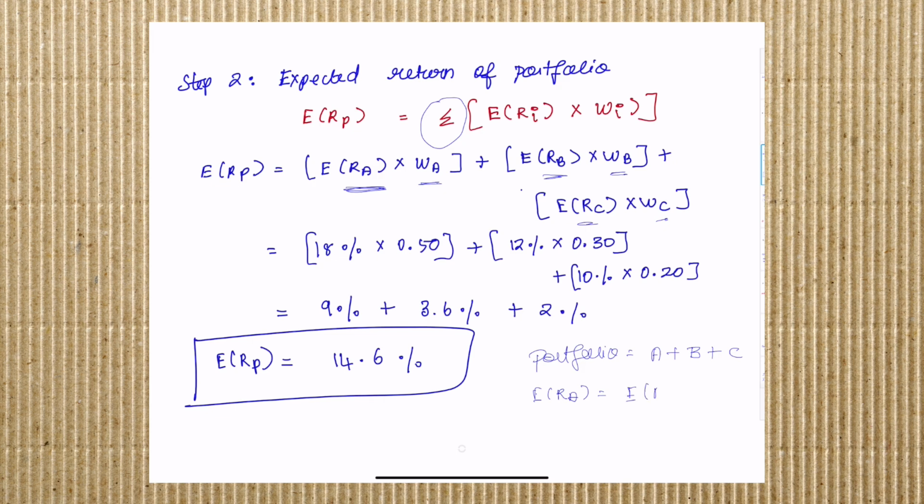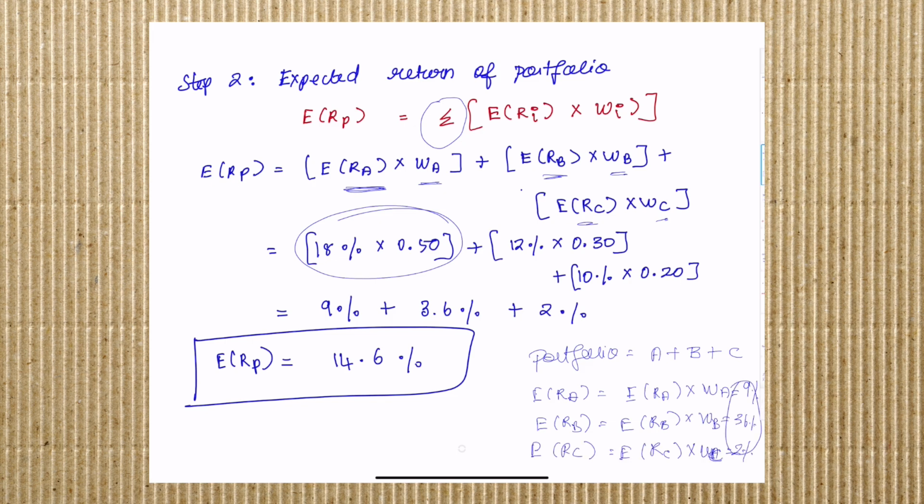We already know: expected return of stock A into the weight. I've already calculated it here, so I'm not going to do it again. It will come to be 9%. Similarly, you can do it for each individual stock by substituting the values, and if you add all three, because a portfolio is a collection of investments, you will get the expected return of the portfolio. Hope this is fine.